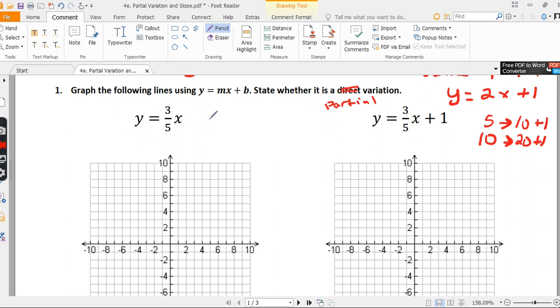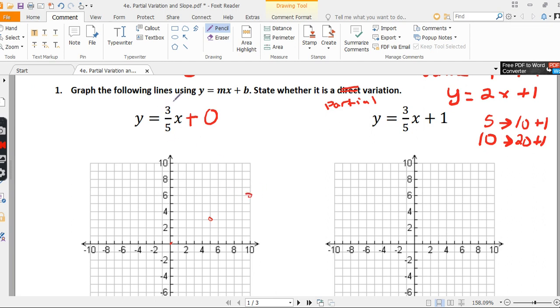But if I look at this, okay, and I want to graph this, well, again, I realize that there's no number here, so I'm starting at 0. So if I'm starting at 0, I'm going to go up 1, 2, 3, and then over 1, 2, 3, 4, 5. Okay, so I have 1 point, 2 points. Again, up 1, 2, 3, over 1, 2, 3, 4, 5.